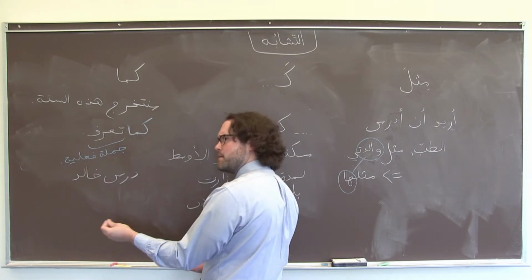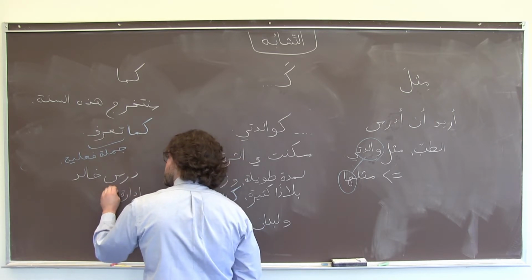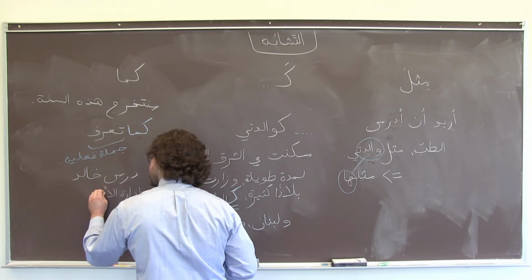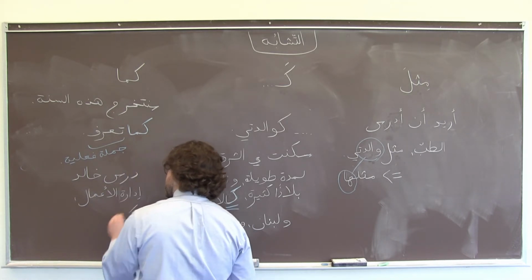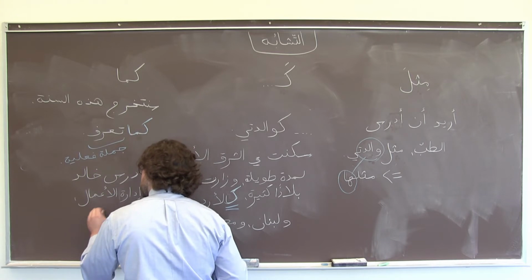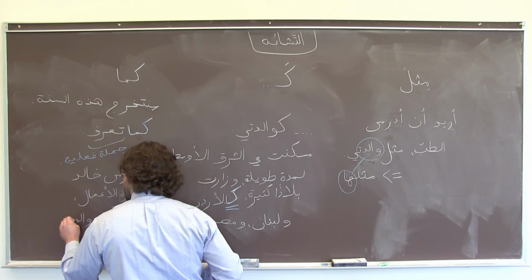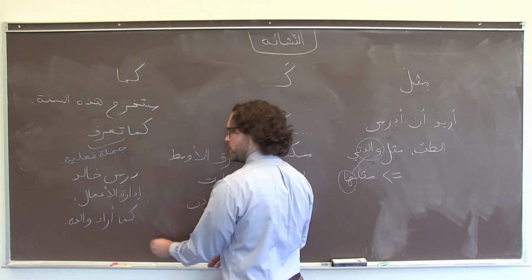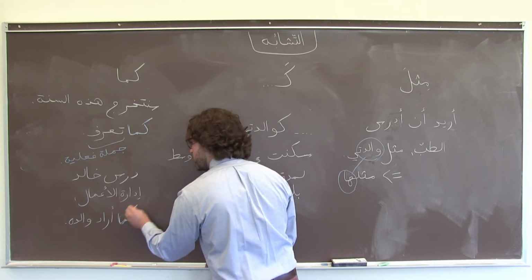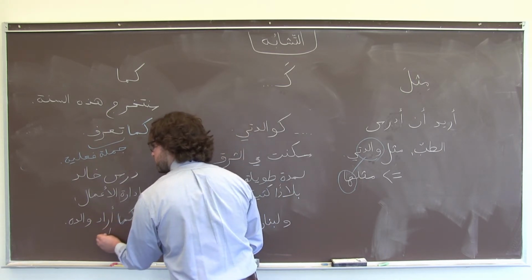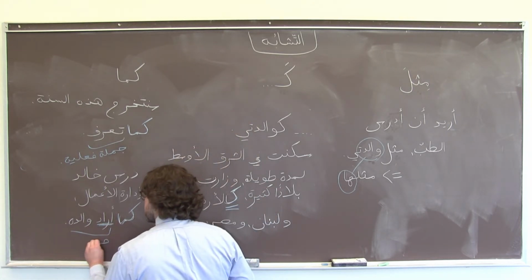I guess it was business administration. إدارة الأعمال كما أراد والده. So here when we're saying as his father wanted or like his father wanted, we have كما followed by a jumla فعلية that starts with the فعل أراد.